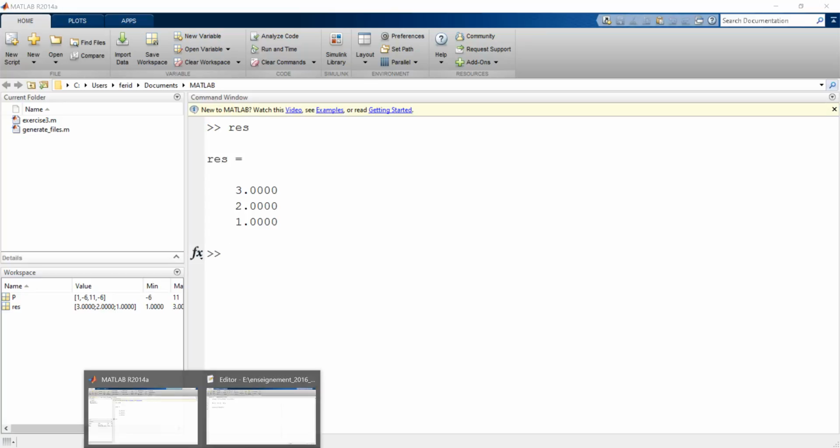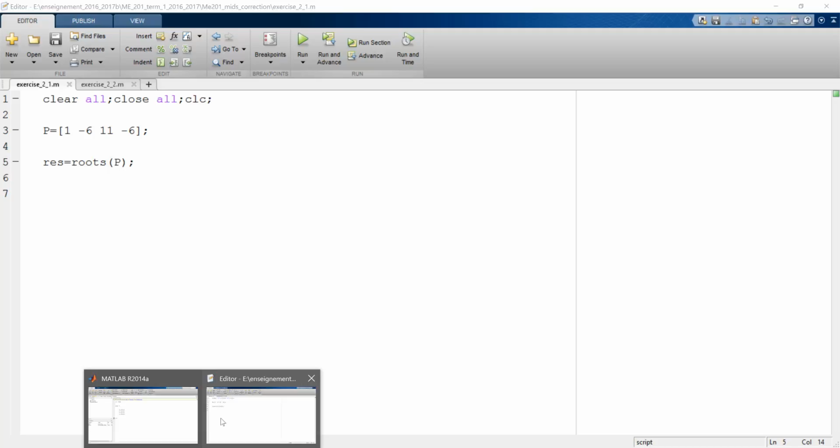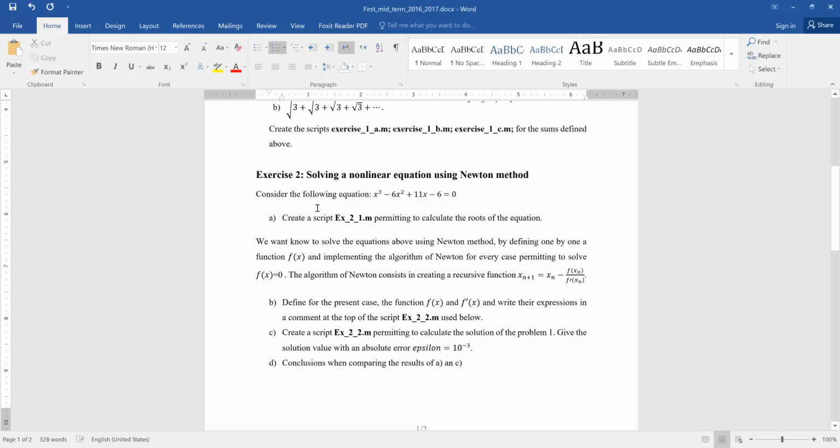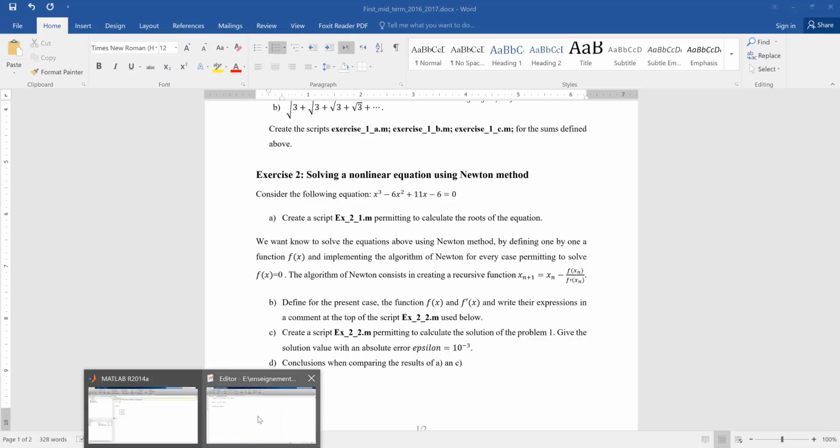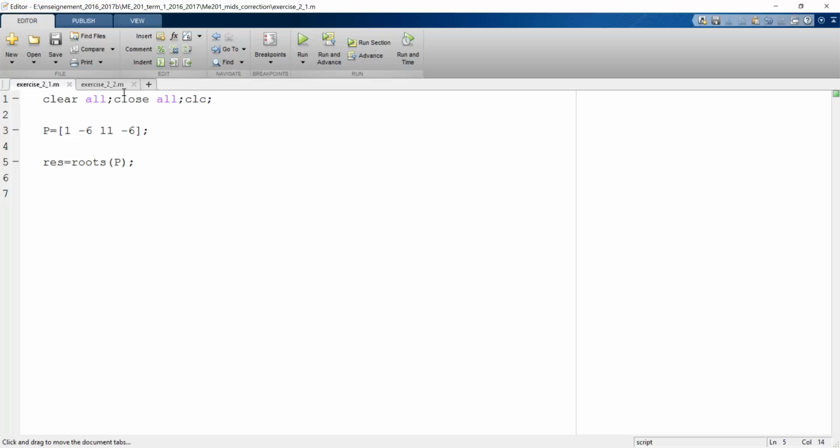If you substitute 1: 1 minus 6 gives minus 5, plus 11 gives 6, minus 6 equals 0. 2 also, 3 also. They are roots of the problem. So now first question is done. Okay, so I close this.